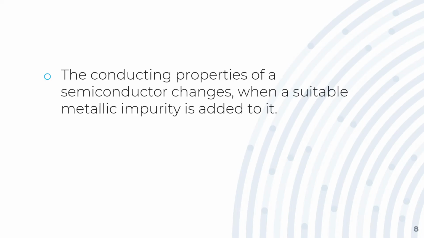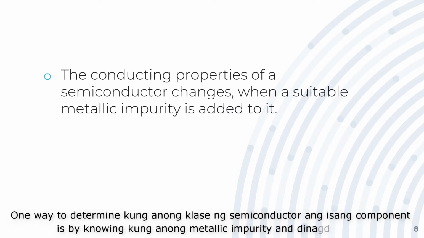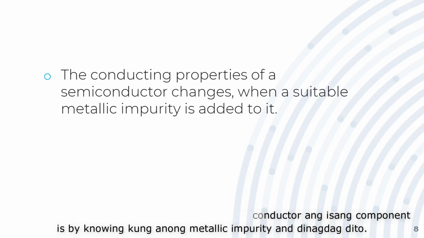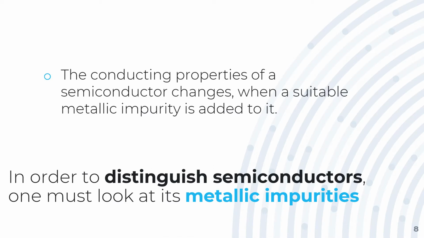The conducting properties of a semiconductor changes when a suitable metallic impurity is added to it, which is a very important property. Bakit? One way to determine kung anong klase ng semiconductor ang isang component is by knowing kung anong metallic impurity ang dinagdag dito. Kaya natin nadidistinguish ang mga semiconductors because of its impurities.